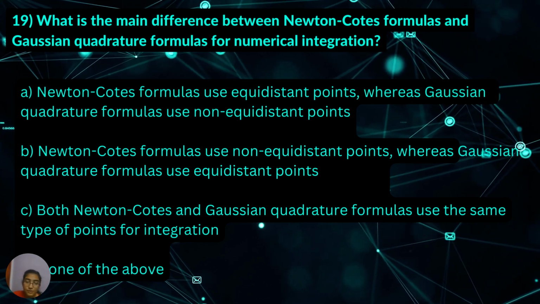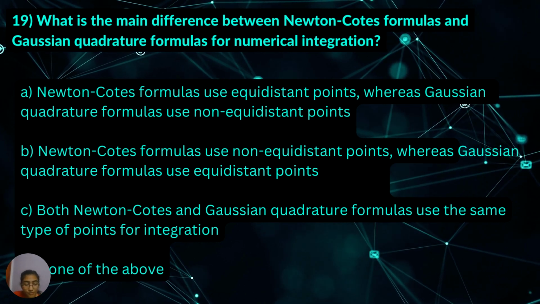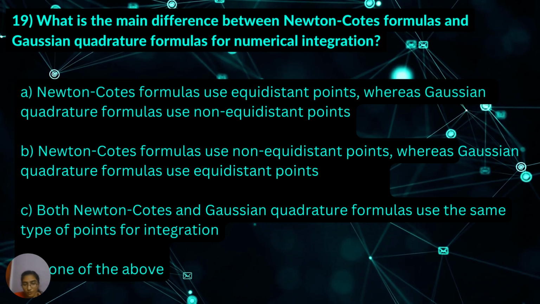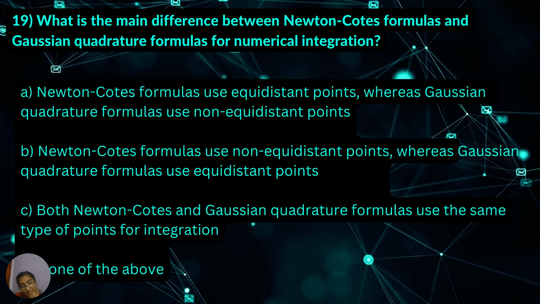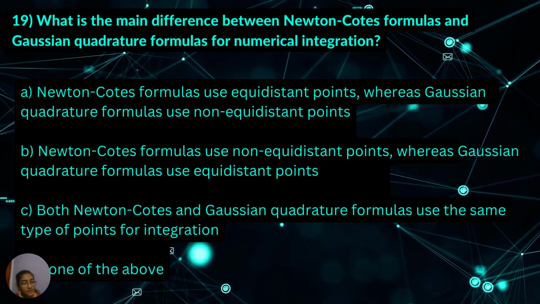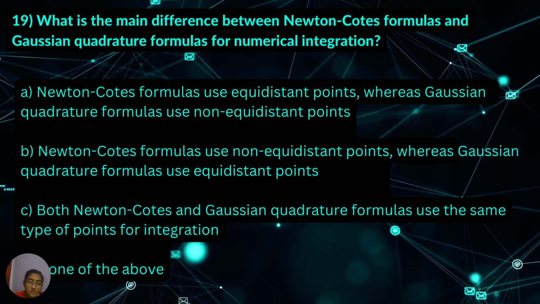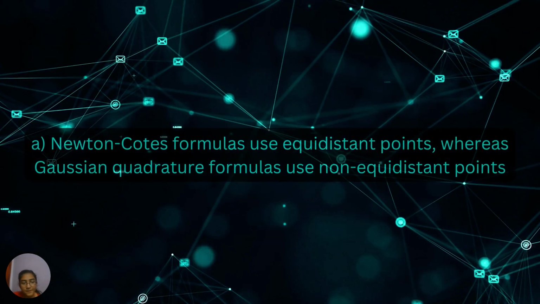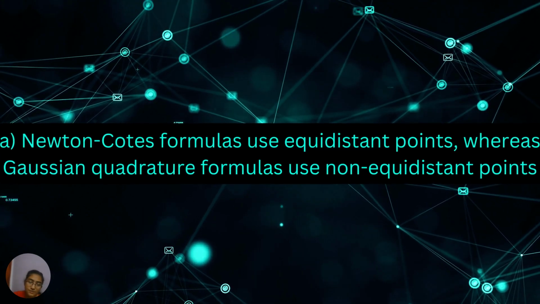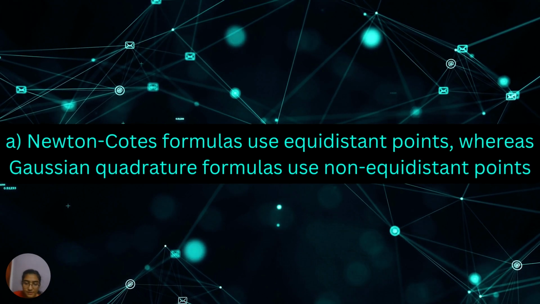C. Both Newton-Cotes and Gauss quadrature formulas use the same type of points for integration. Or D. None of the above. So here the answer is A. Newton-Cotes formula always uses equidistant points, whereas Gauss quadrature formula uses non-equidistant points.